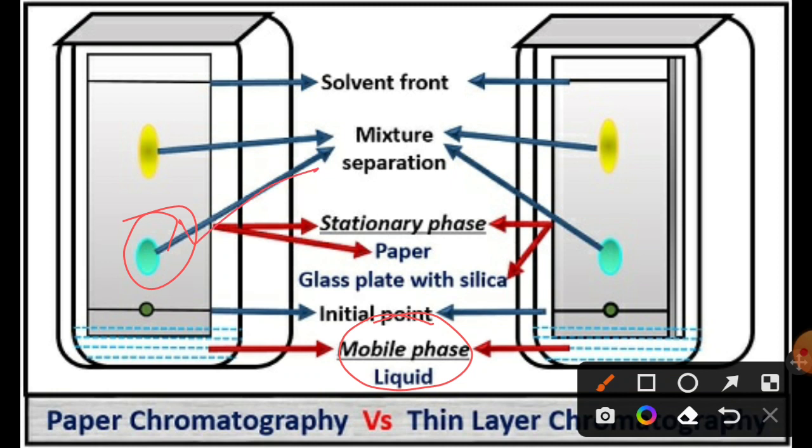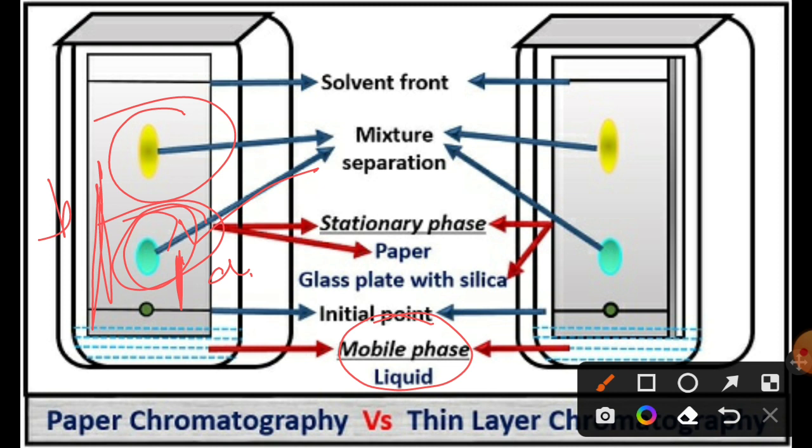So this green dot that we are seeing is our substance that we want to separate, and this one is the solvent front. If we denote this as A and this one as B, then our RF value will be RF is equal to A by B. With the help of such an RF value we can recognize unknown inorganic and organic material.